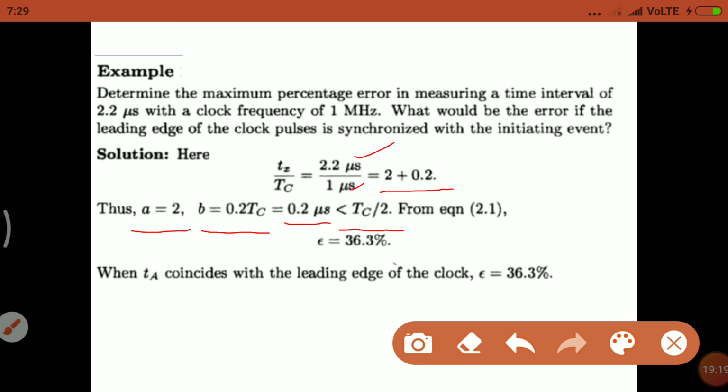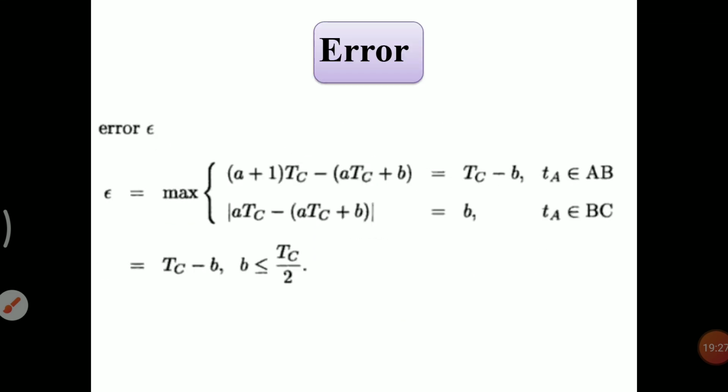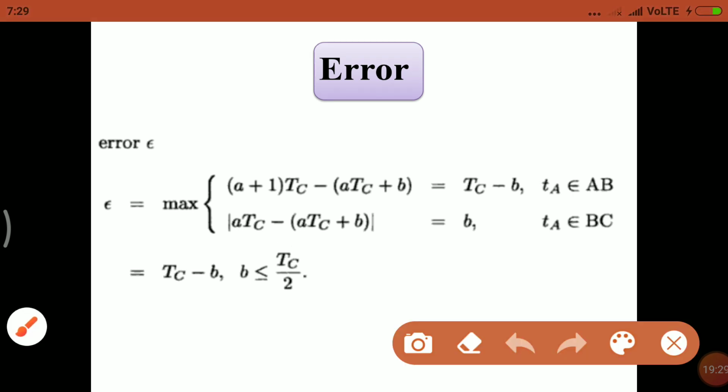So we know the value of B is less than Tc by 2, so in that case we use this formula to find the error. The error is Tc minus B, at what condition? When B is less than or equal to Tc by 2. The same condition is obtained in the given problem.